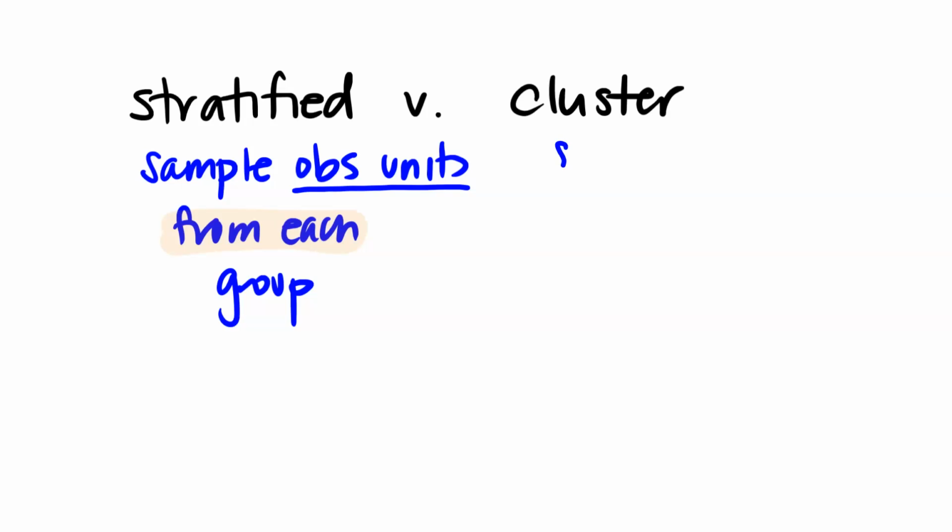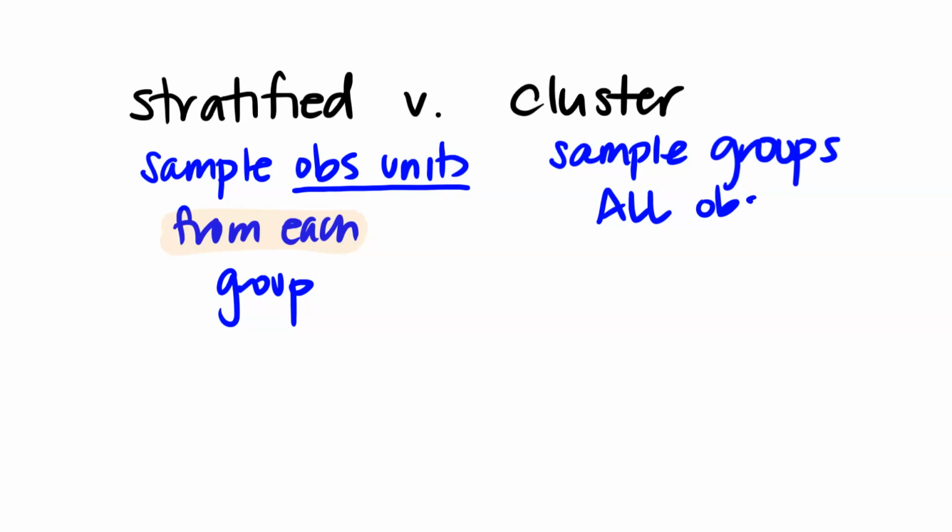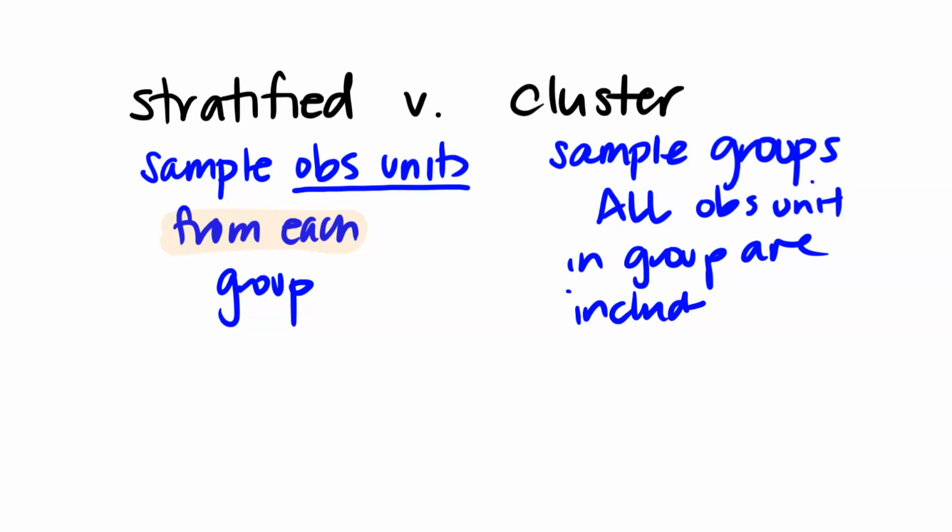Because in a cluster sample, we're going to sample groups. And then once we have our groups, all the people or all the individuals in that group are in the sample. Very wordy, I know. Again, you have a keyword to latch onto here.